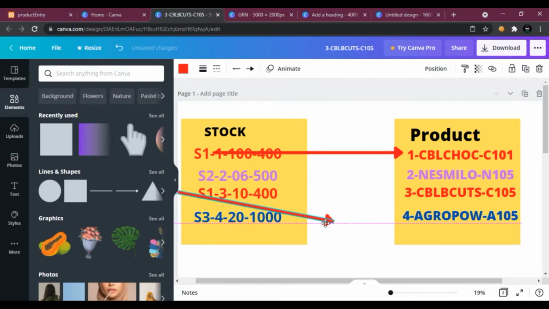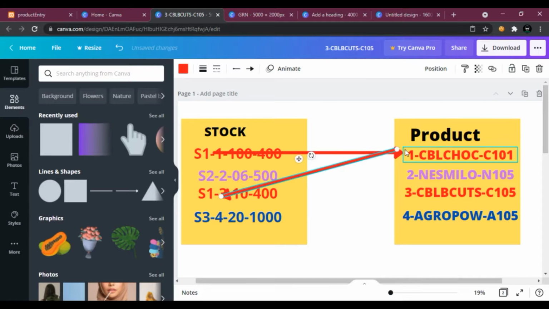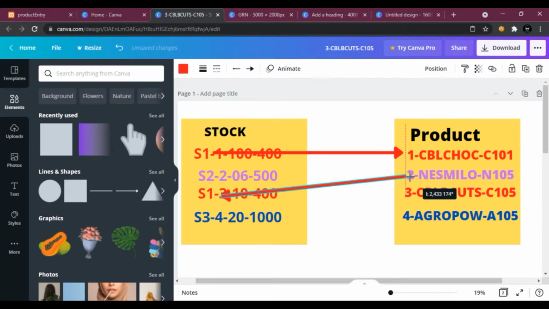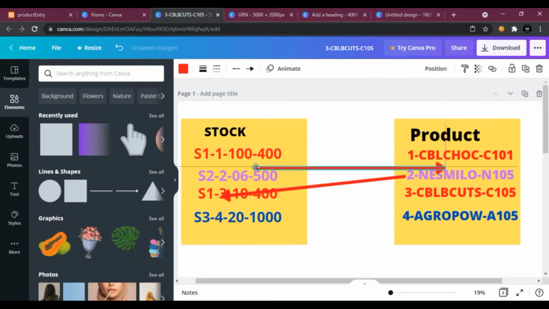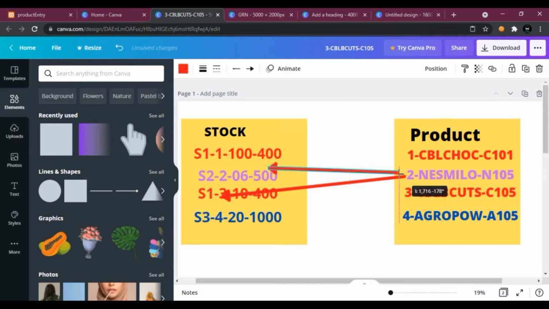Like if we say the Nestle Milo is in the S1, also the Nestle Milo in the S2, this scenario is an error.